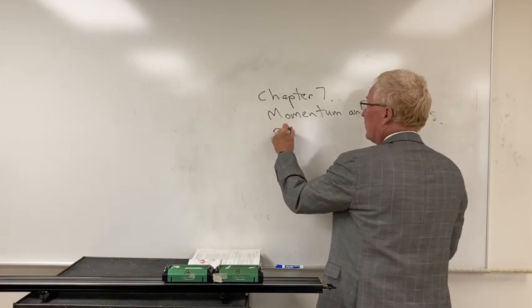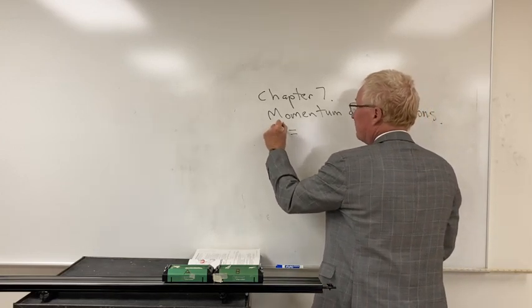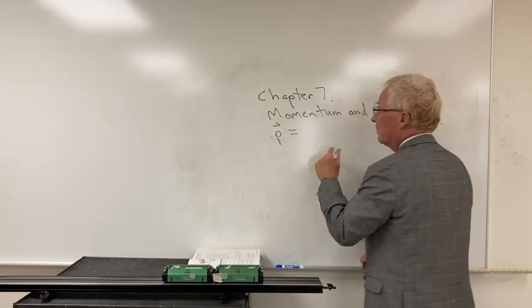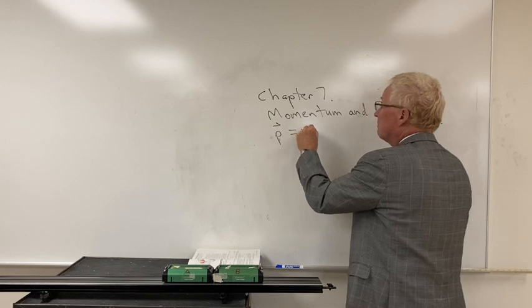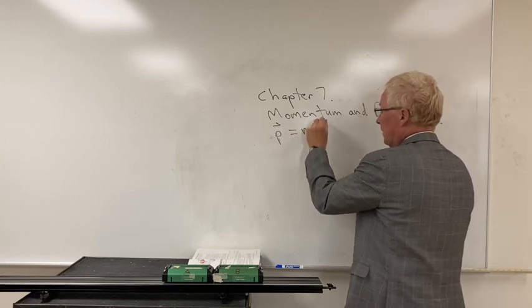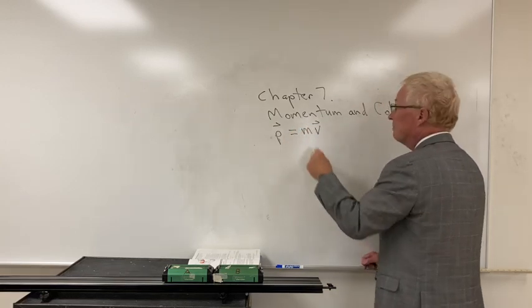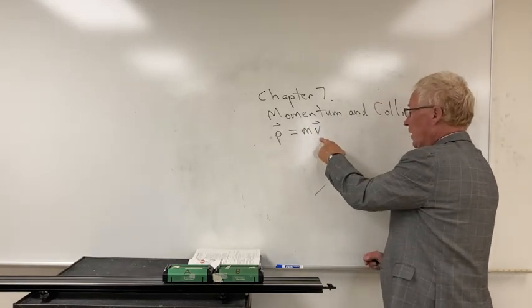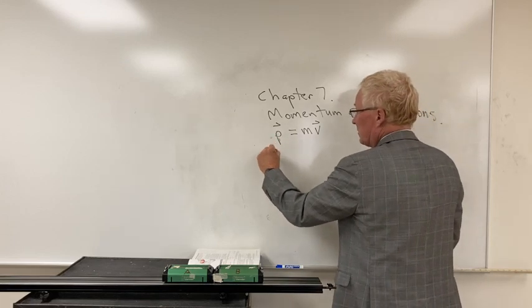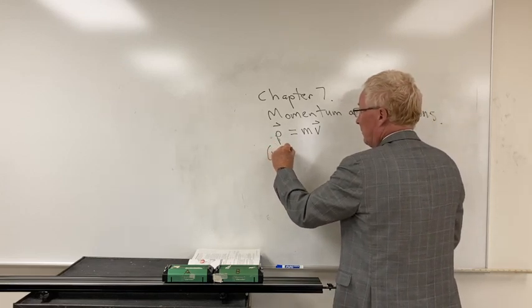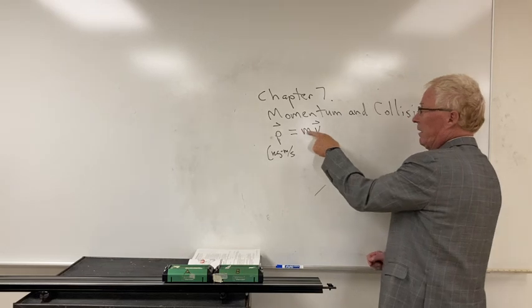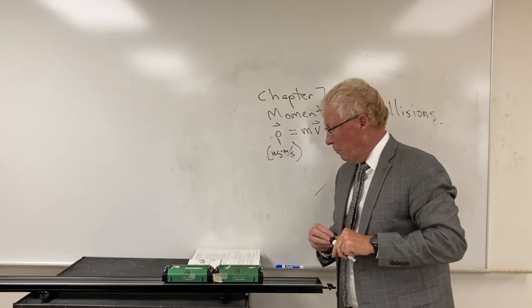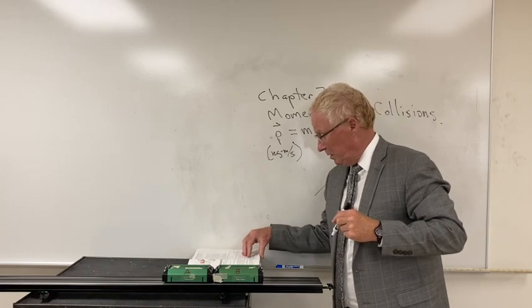So the concept, we use P, and that stands for momentum, which is mass times velocity, and we put the little line on top to indicate that it's a vector. So it's the mass times the velocity, and it's in units of kilograms meters per second, because that's kilograms, and that's meters per second. So that's the concept of momentum as what we'll be using here.